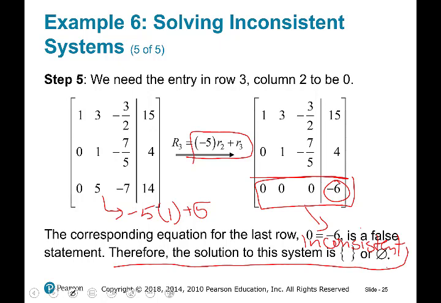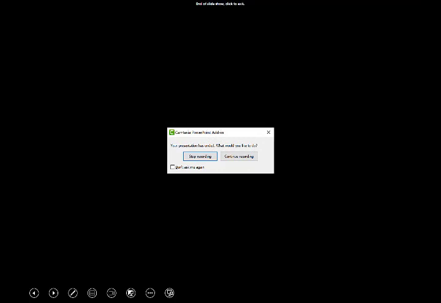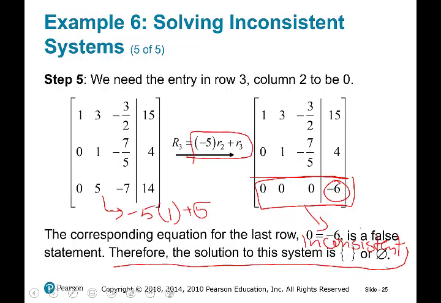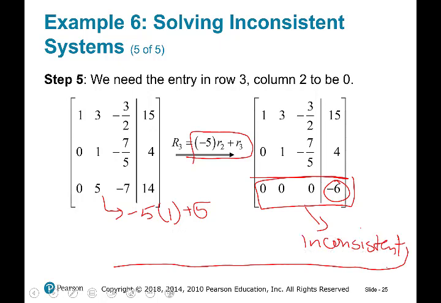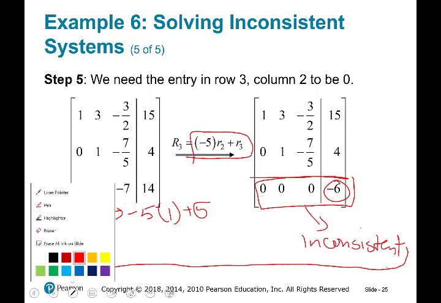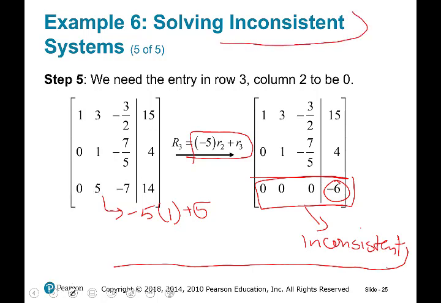So we work with systems that have solutions, and also with systems with no solutions, like inconsistent. No solution. A dependent system has multiple solutions.